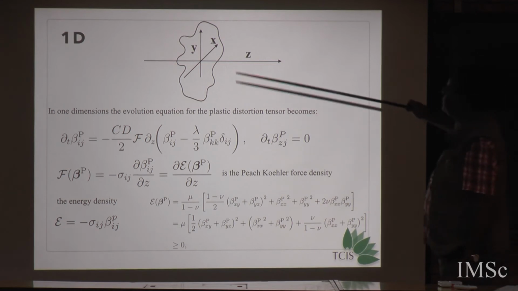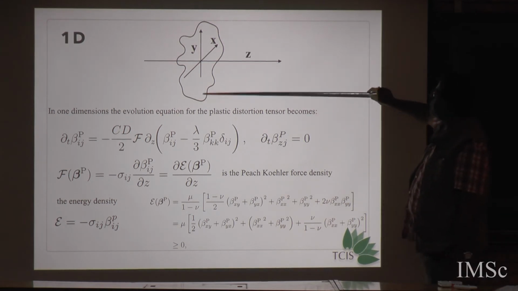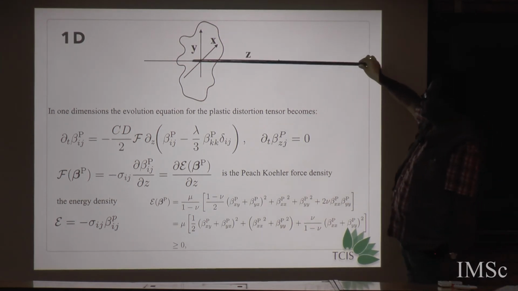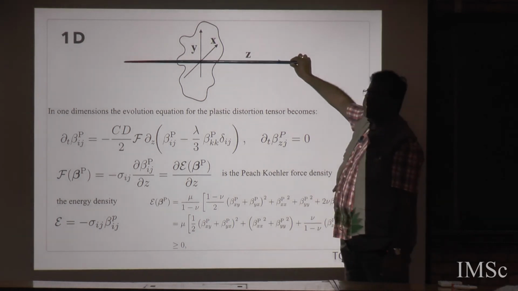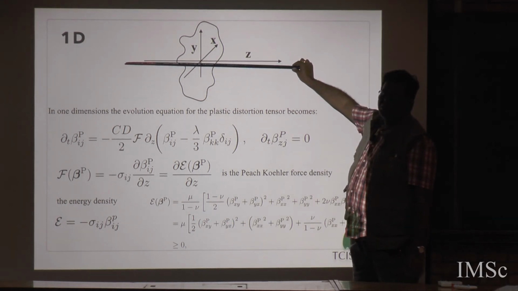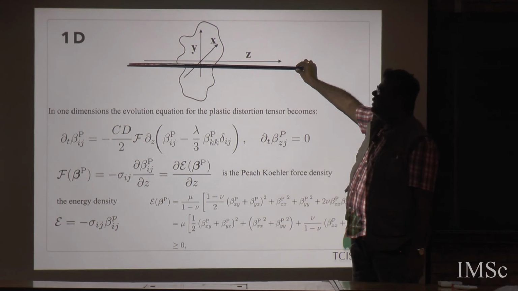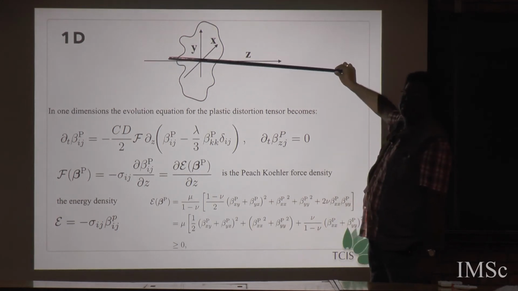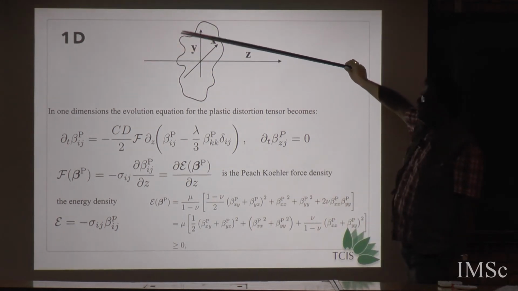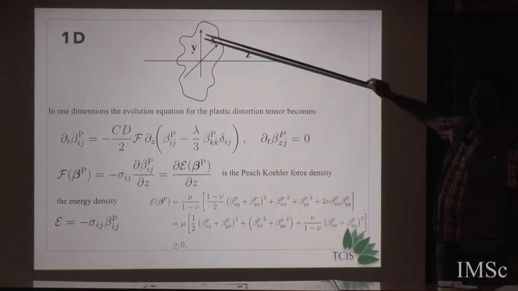One dimension means that you have some kind of grain boundary here, and everything varies only in this direction. So I need to consider everything only as a function of z. It is constant in y and x.